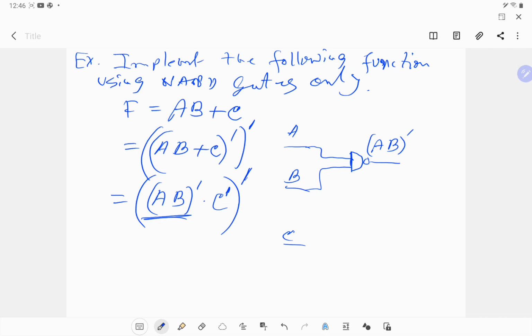Then we need C prime, so we need another NAND gate here, C prime. Then we got AB prime, we got C prime, then another NAND gate. The first input is AB prime, the second input is C prime, and we get the function.